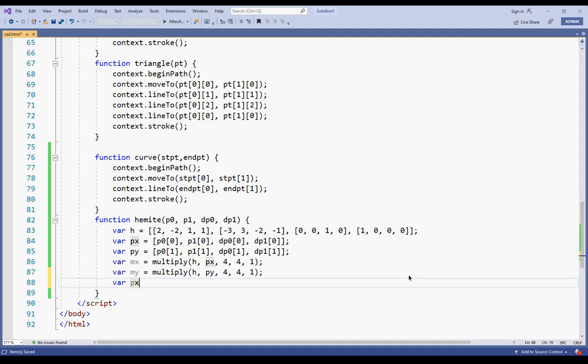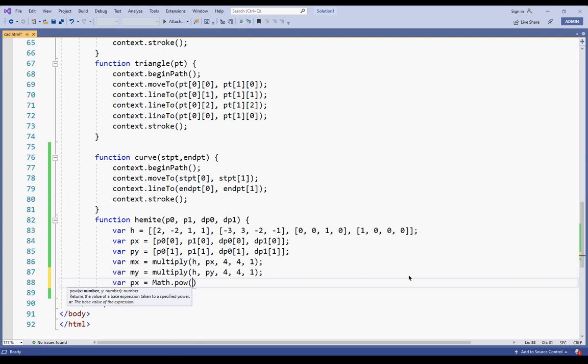So I'll call this a px variable. If you remember, the matrix is u cube, u square, u, and then 1, and that will be multiplied with the corresponding mx. So I'm going to manually do that. I need u cube, Math.pow into u.